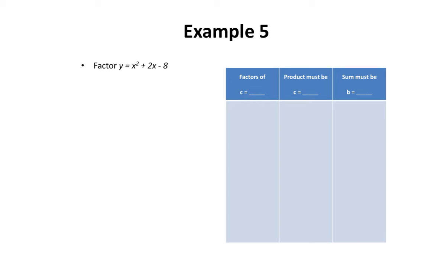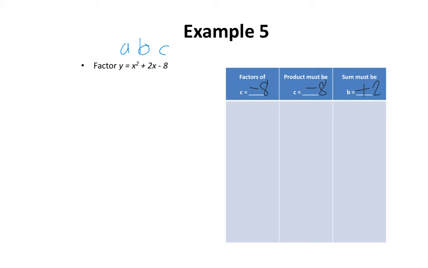In our fifth example, we want to factor our parabola in standard form. So let's identify our values of a, b, and c. The value of c is negative 8, and the value of b is positive 2. So let's list out some factors of negative 8. Now, this is going to be a little bit more difficult because negative signs are involved.